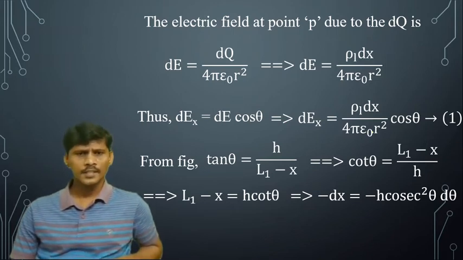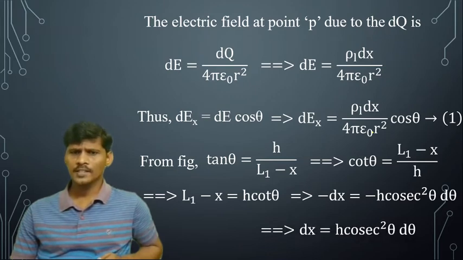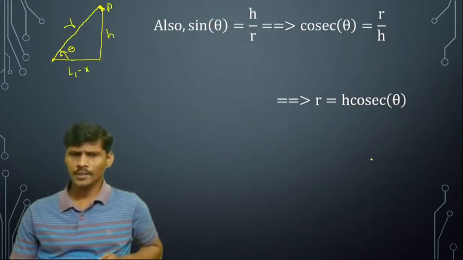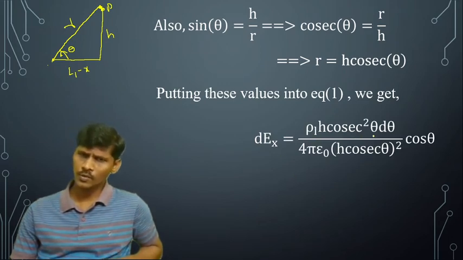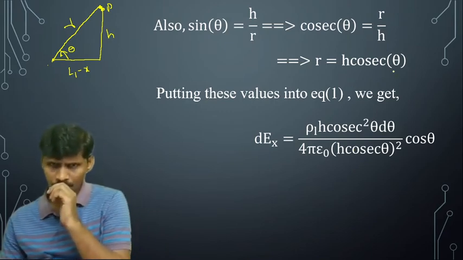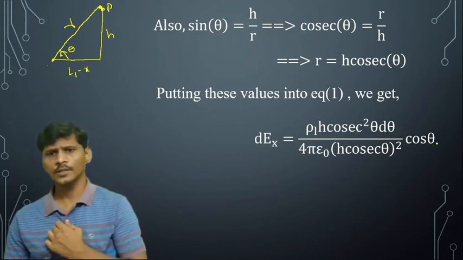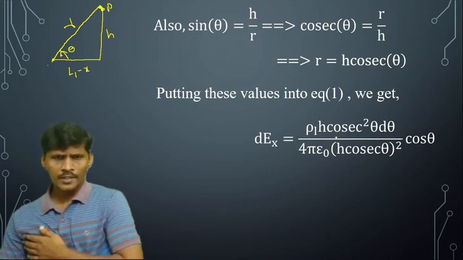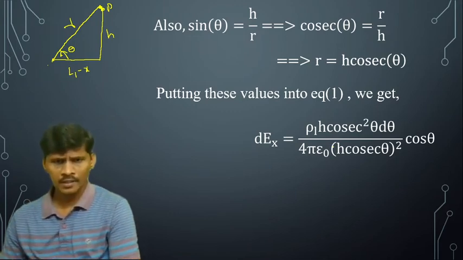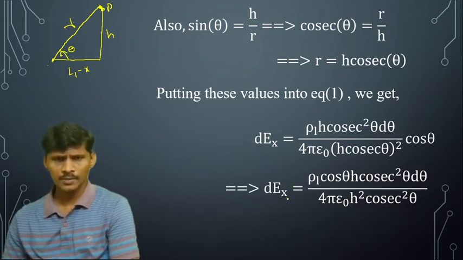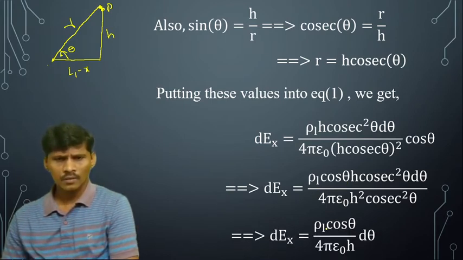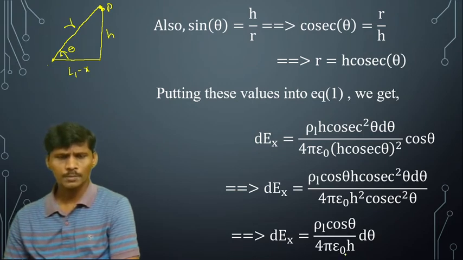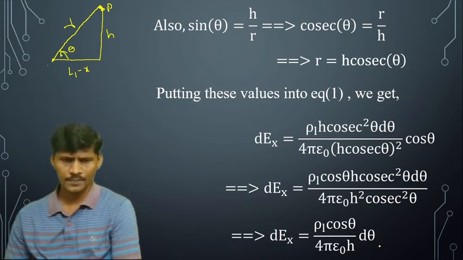We get dEx is equal to rho L, dx is h cosecant square theta d theta, by 4 pi epsilon naught, and what is small r? H cosecant theta into cos theta. The numerator and denominator cosecant square theta and one h are cancelled, and the remaining expression is dEx is equal to rho L cos theta by 4 pi epsilon naught h into d theta.